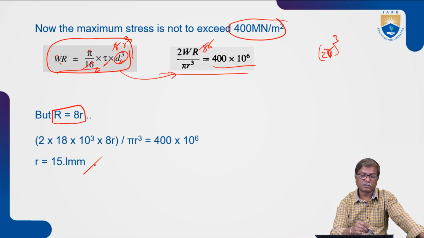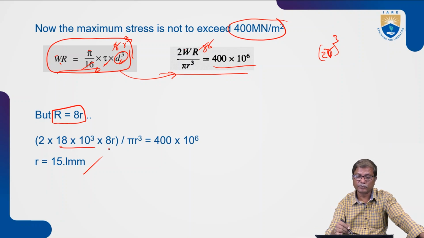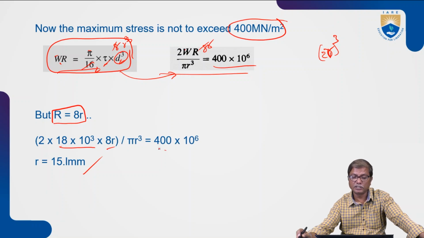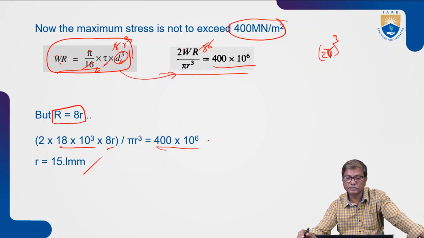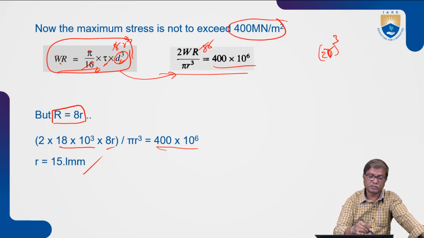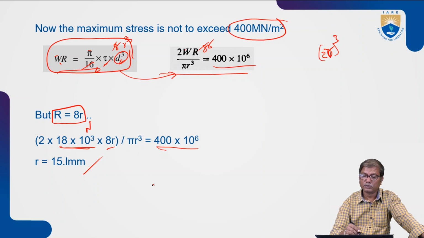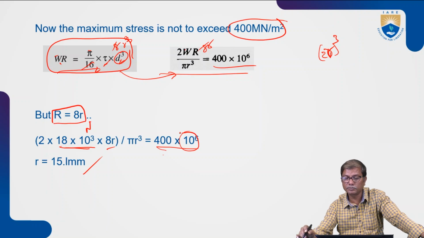So W we have calculated, 2W, R is 8R, and tau is 400 into 10 power 6. Actually 400 Newton, this is substituted in newtons, W. So this will be taken as 400 only, Newton per mm square.